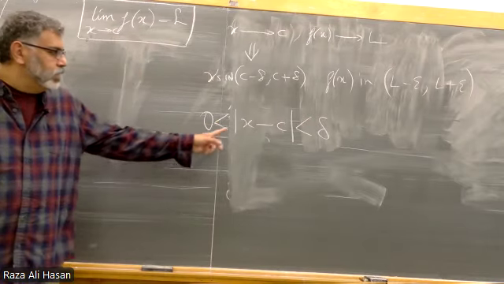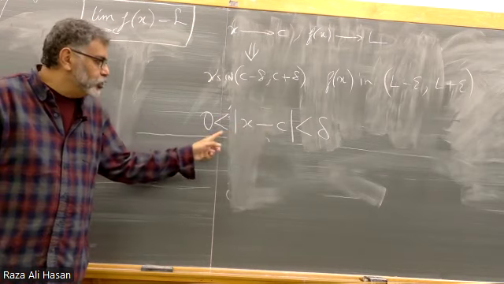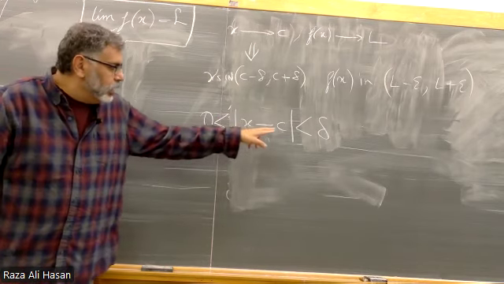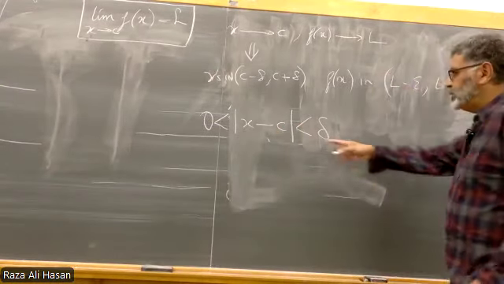So we do that so that x is never equal to c. If you subtract that, it should be greater than 0. Otherwise, if it is equal, then these two numbers are equal. So this is saying what?